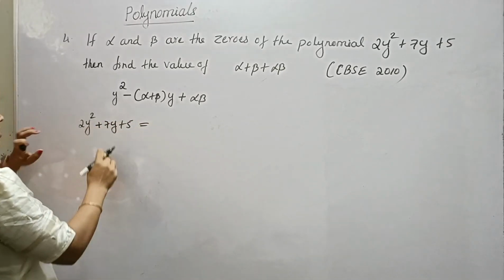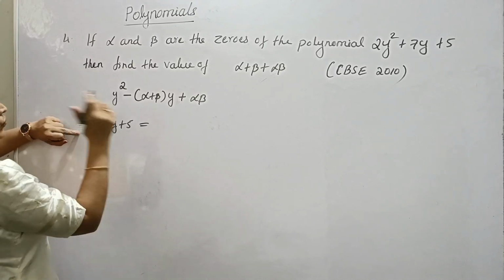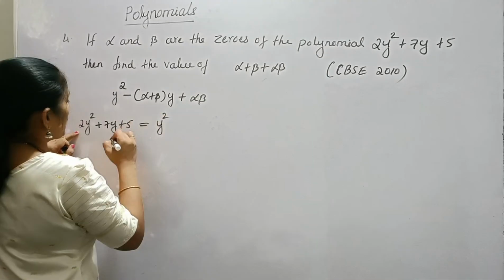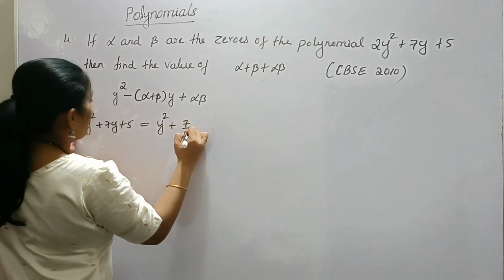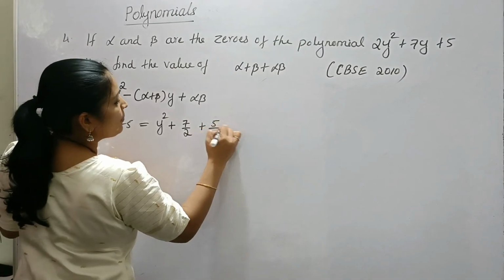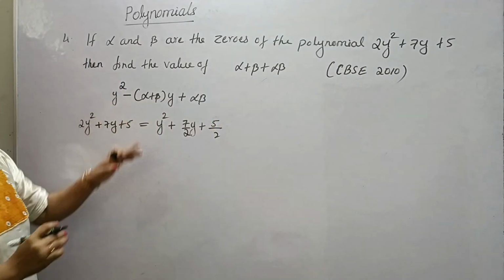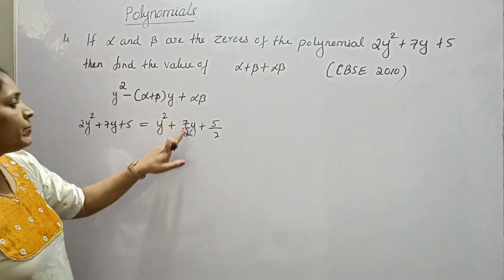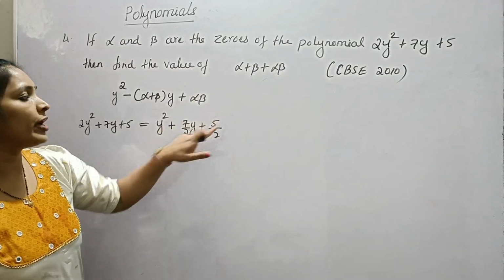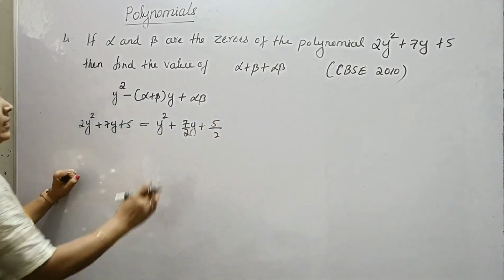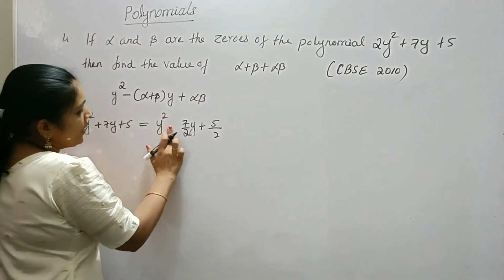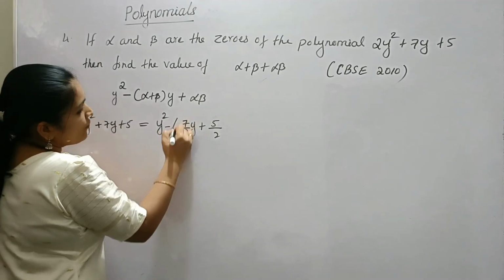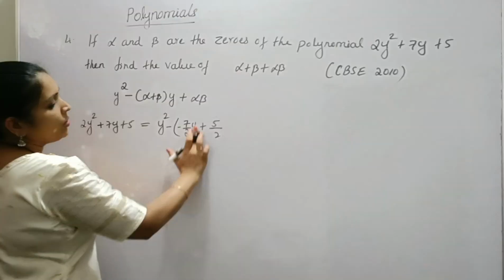To compare these two polynomials, we have to make the coefficient of y square equal to 1. So divide throughout by 2, and we will get y square plus 7 by 2 y plus 5 by 2. Now here, we need minus, so let's take minus of minus 7 by 2.